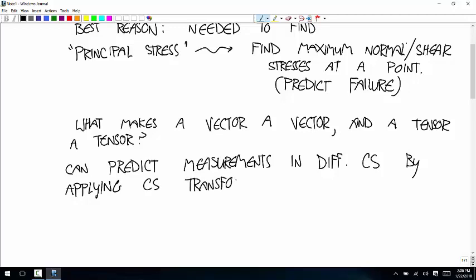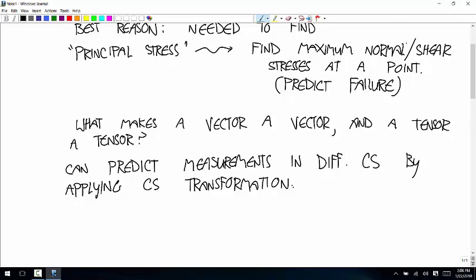Okay, so I've mentioned this before, and it's kind of a loose idea. For something that's not a vector or a tensor, if you want to know what the measurements are going to say in a specific coordinate system, you have to go to that coordinate system and take the measurements.